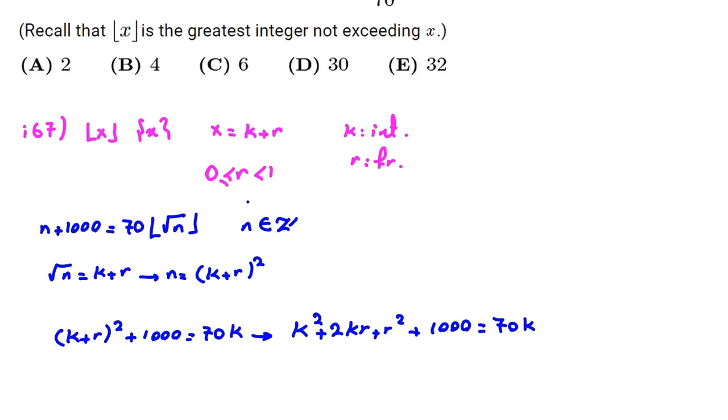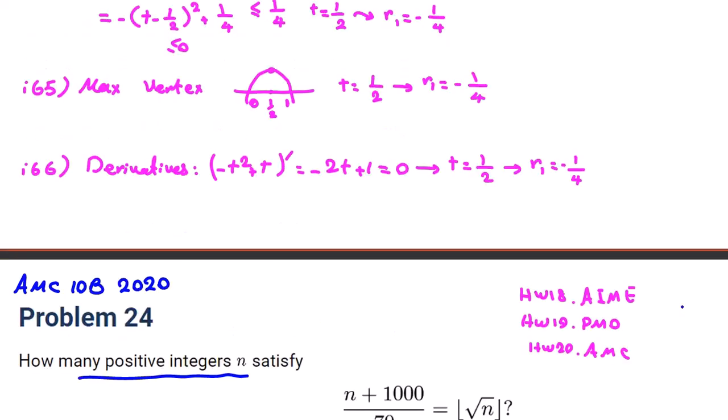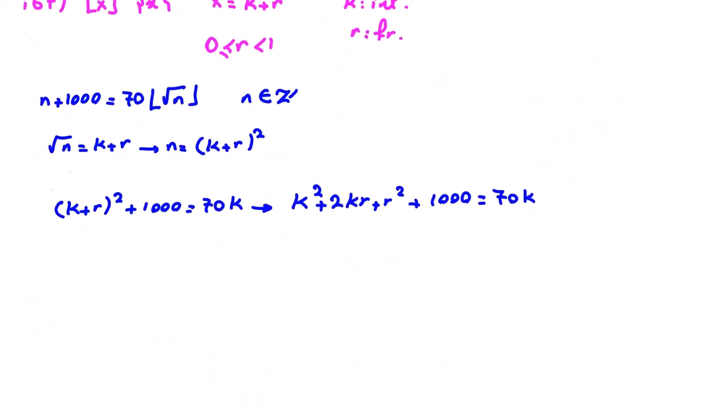And then, because we know r is from 0 to 1, we can write it as a quadratic equation in terms of r. So it will be r squared plus 2kr plus k squared plus 1000 minus 70k, or we can say k squared minus 70k plus 1000 equals 0.